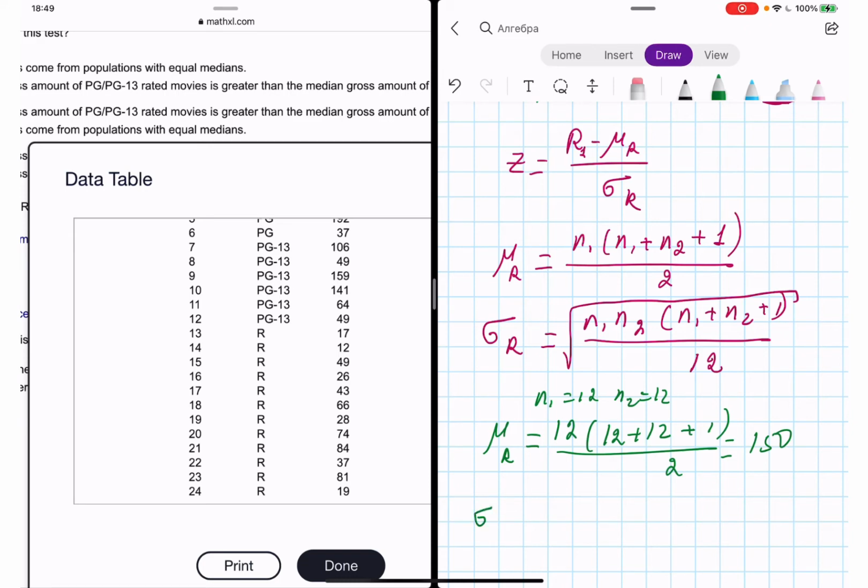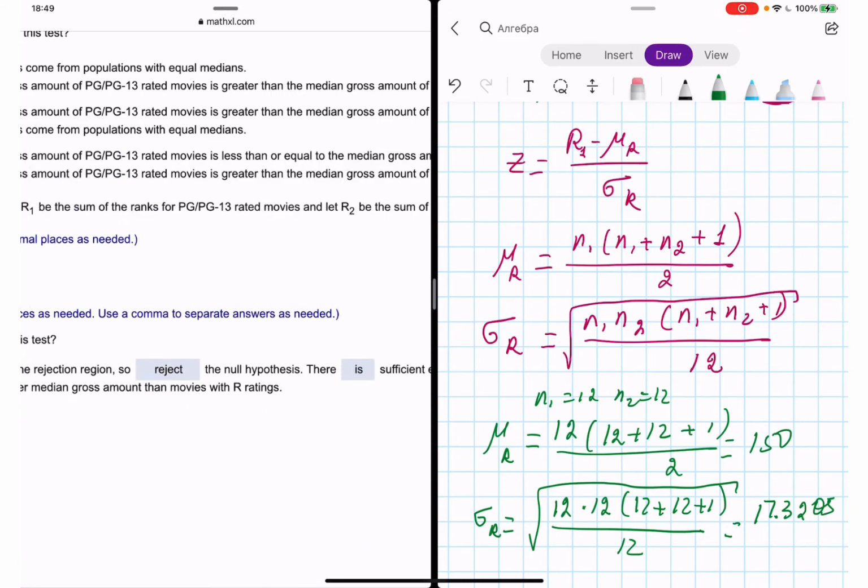Sigma R is going to be 12 times 12 times (12 plus 12 plus 1) divided by 12, under the square root, and it's going to be 17.3205.